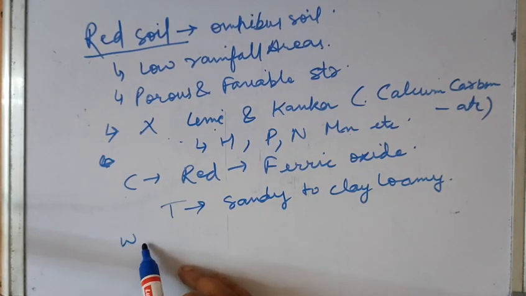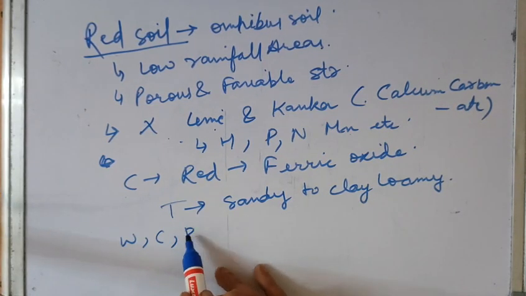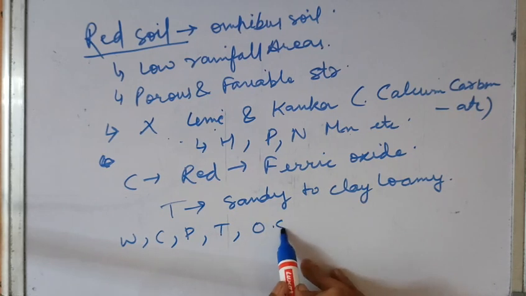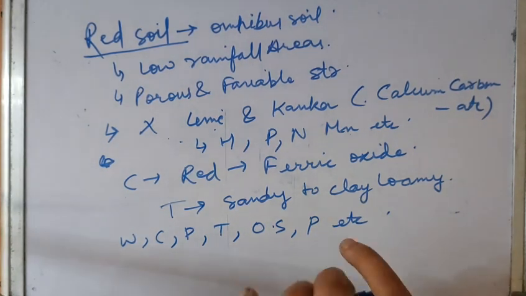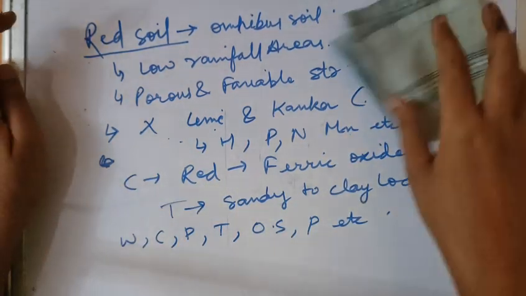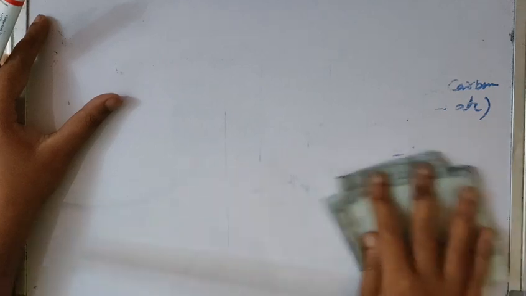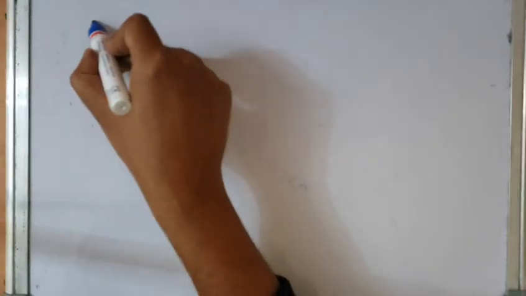Major crops which are grown in this soil are wheat, cotton, pulses, tobacco, oilseeds, potato, etc. So this was all about red soils. And I must say that UPSC hasn't asked any question from the soils of India in detail, but as it is in the syllabus, we will look into it. Now moving into black soil.